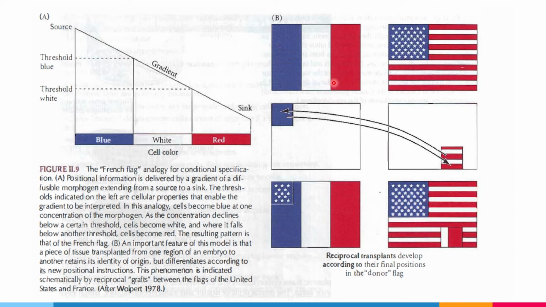If you can understand where my pointer is. So if this was only transplanted between itself to here, it would have formed a white and the red portion because of the morphogen gradient. So even if it is transplanted to a completely different flag, or there is interspecies transplantation, it will develop according to the morphogen gradient, according to the portion it would have developed into in its own flag.